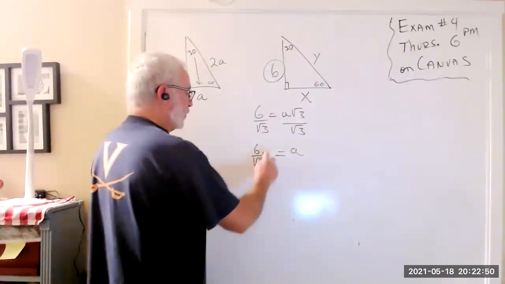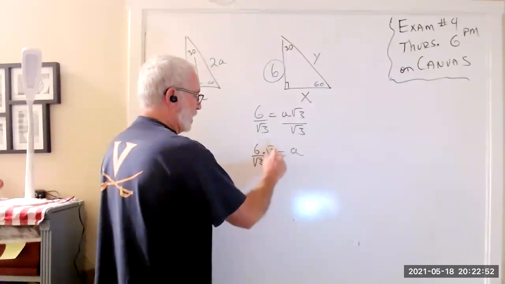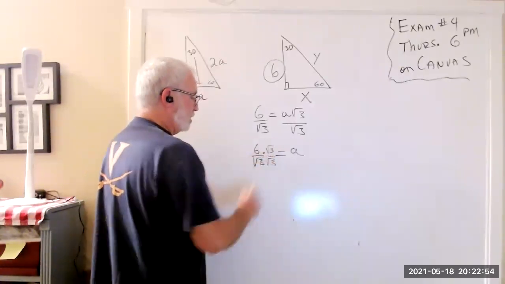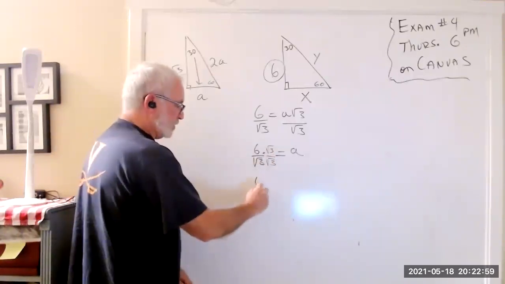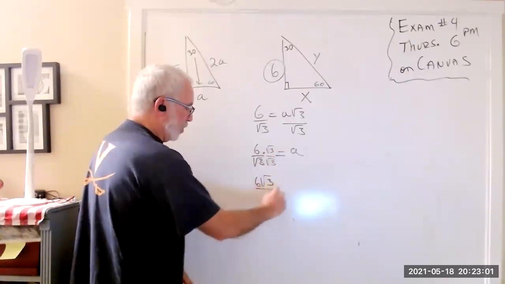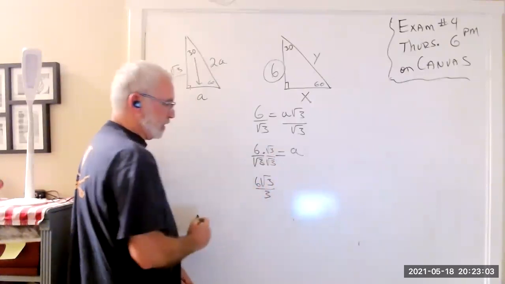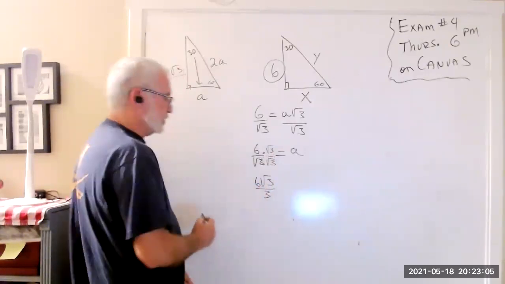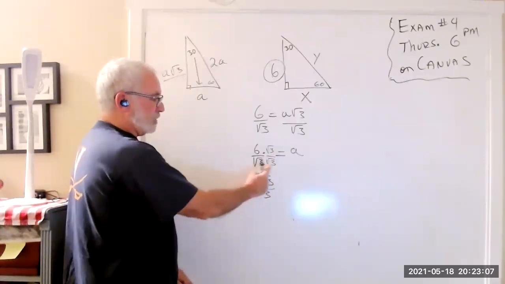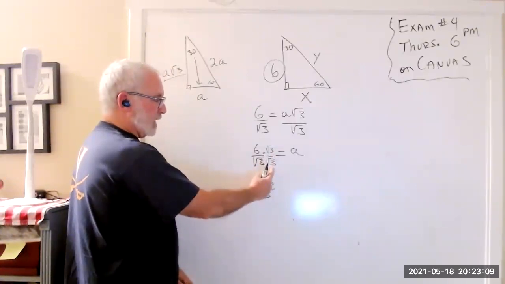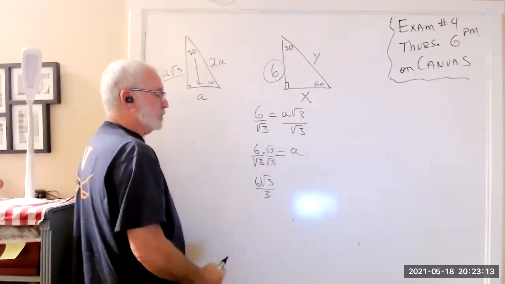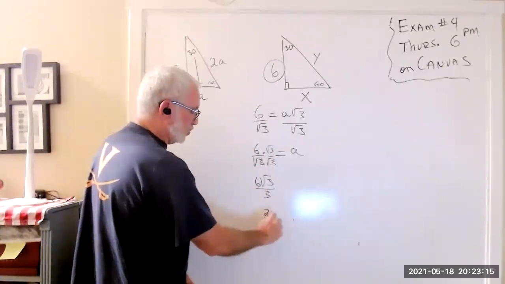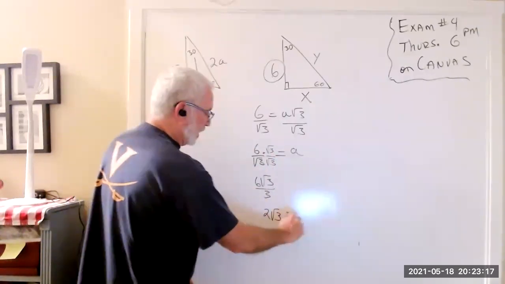So we learned how to rationalize top and bottom by radical 3. That becomes 6 radical 3 over 3, because radical 3 times radical 3 is radical 9, but the square root of 9 is 3. That reduces down to 2 radical 3 equals A.